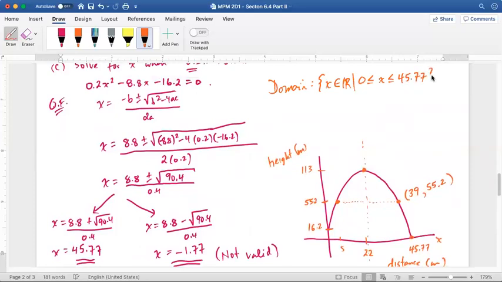And we didn't know that in the last unit. And our range, of course, is y is an element of the reals, and it's between 0 and, it's actually not going to be y, it's going to be h, because that's our variable. I'm going to have to fix that over there. And I believe it goes to 113 meters. And that should be that.